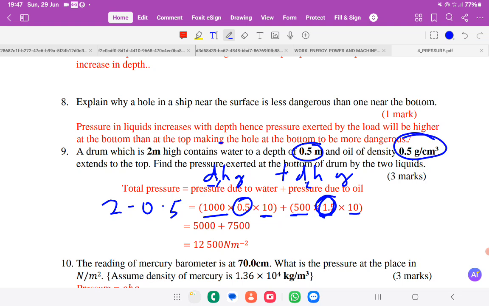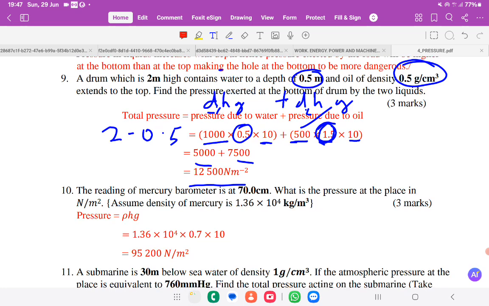This is obtained by multiplying 0.5 grams per cubic centimeter by 1000, which gives you 500. Then you add the 2 pressures. Please take note that you should use the correct formula and substitute correctly to get the desired answer.